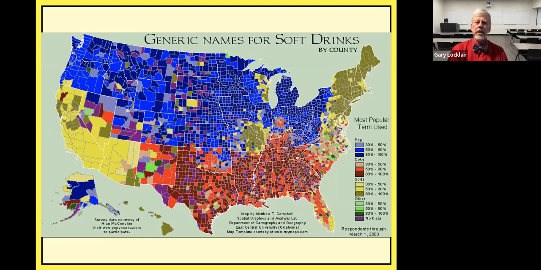I think I mentioned this last time because I asked you all for your favorite soft drink, and I already got onto the thing about what people might call it. Generic names for soft drinks by county. Really? Okay. Most popular term used: pop, Coke, soda.